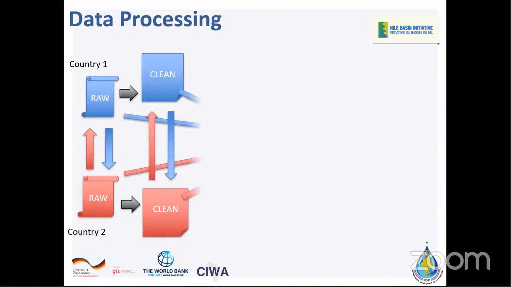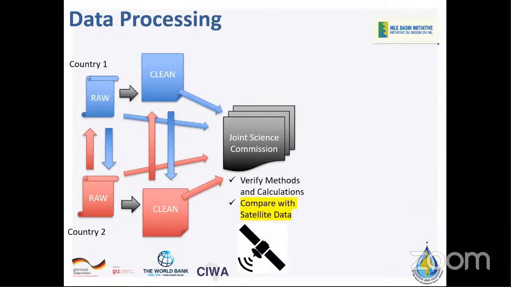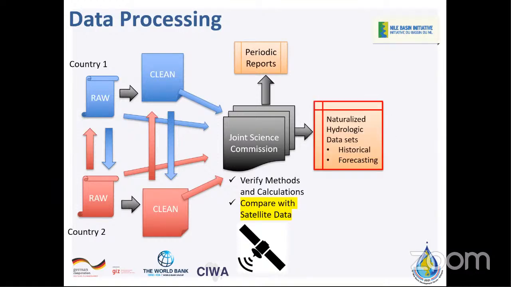And then that all gets fed to a Joint Scientific Commission, which in this case is the IBWC, to be able to compare, process the data, verify the calculations and methods, and then compare with satellite imagery, or with some of the remotely sensed data, to be able to validate and expand upon the measurements and fill holes and gaps, and thereby producing regular reports, and most importantly, a set of the naturalized hydrologic conditions, both historical as well as allow the modeling to provide forecasts of what the conditions might be projected to be.